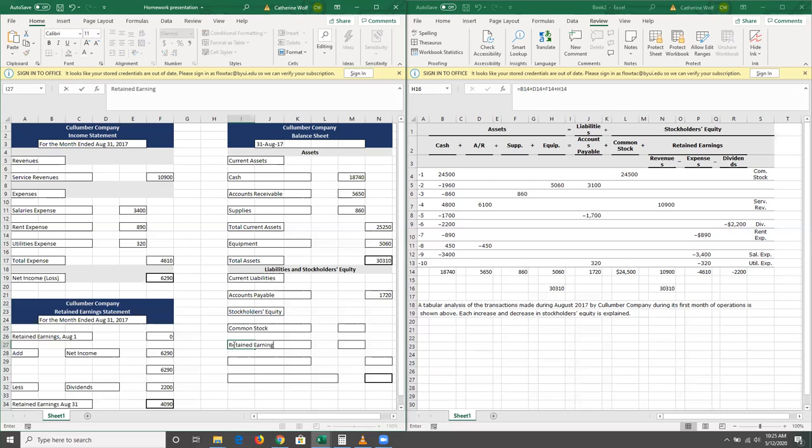Now, common stock, we look over here, is again $24,500. Let's put that. And then our retained earnings is going to be $4,090. Now this one, you can just go right over here and see in the previous sheet, $4,090.